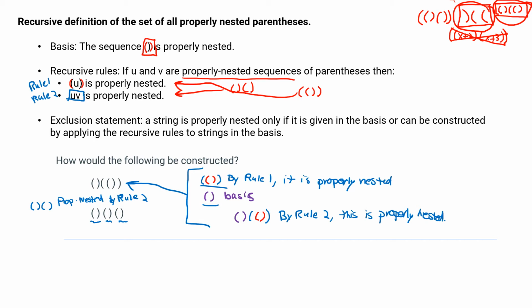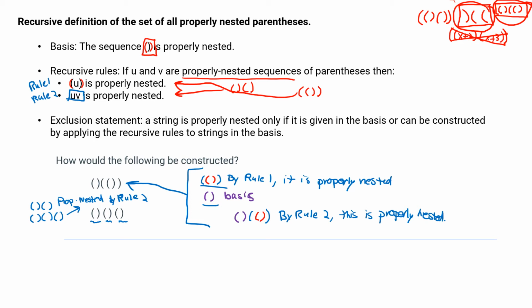And then I could add another one on, because this is properly nested, I've just established, and I'm going to take a set from the basis, which is another one of those, and again, also using rule 2, I would be able to say that those are properly nested.